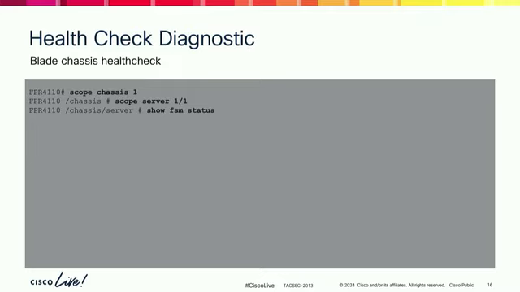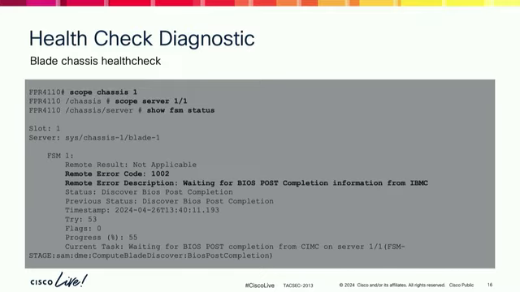With show fsm status. So we're going to see something like this. If there is an error, as we are seeing, we are going to get the remote error code. We can extract that, right? And you can see that there is a description as well. So this is a really complex thing, right? It's waiting for BIOS post-completion information from IBMC.